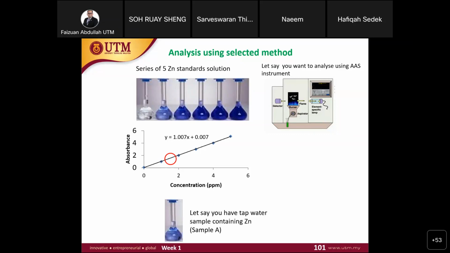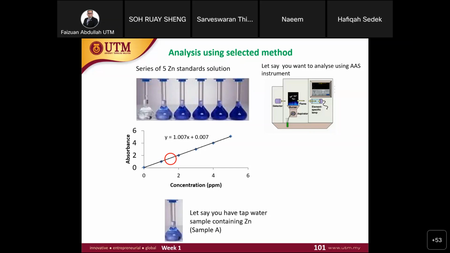But what happens if we introduce a sample where the absorbance is out of the range of 0, 1, 2, 3, 4, and 5 ppm? The absorbance is more than that, and the instrument also tells us some amount of concentration. Can we believe that value? It is out of 0 to 5 ppm, and the instrument says, oh, this is 6.5 ppm.